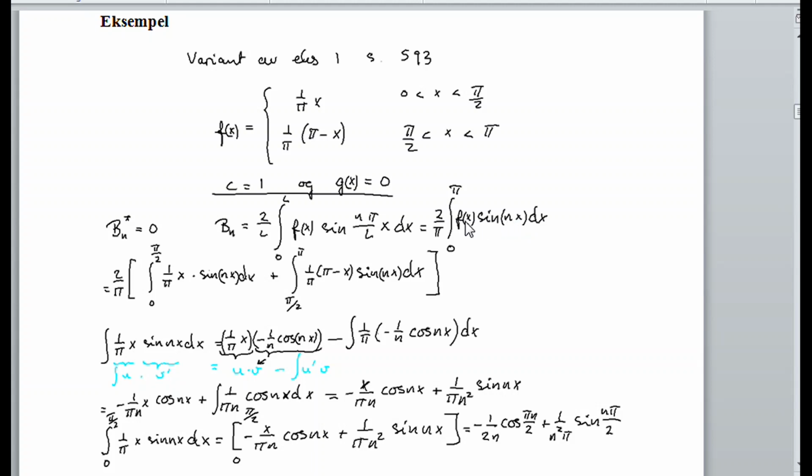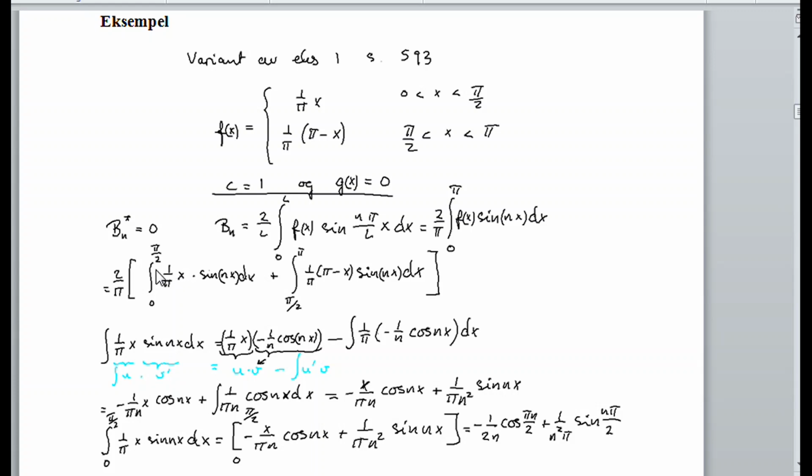Since the function f of x has two different descriptions in each of these intervals, we have to split the integral into two parts. So we take the integral from 0 to pi over 2 first, and then we take the integral from pi over 2 to pi. And we replace f of x with the description of f of x in the respective interval.